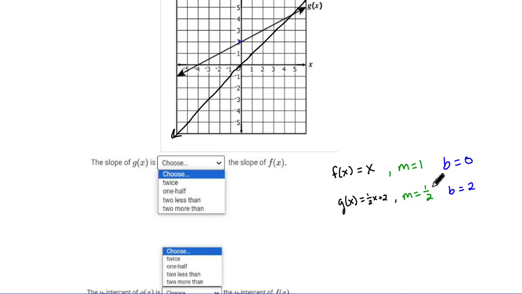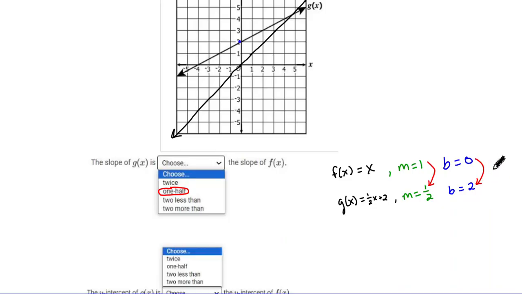Okay, that's all fine, but let's look at how the slope changed and then the y-intercept changed. The slope, if you notice, is 1/2. It's 1/2 the slope of f of x. And then over here the y-intercept is, it's not times 2, because 0 times 2 is 0.